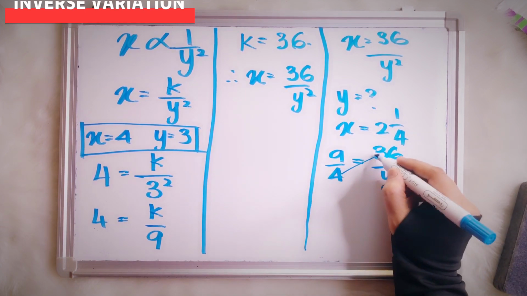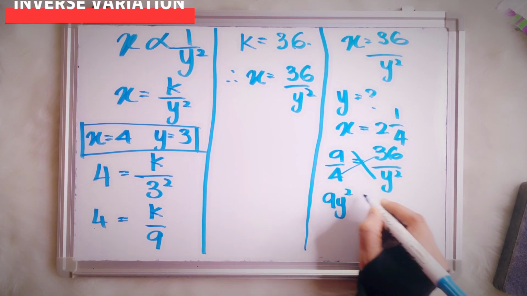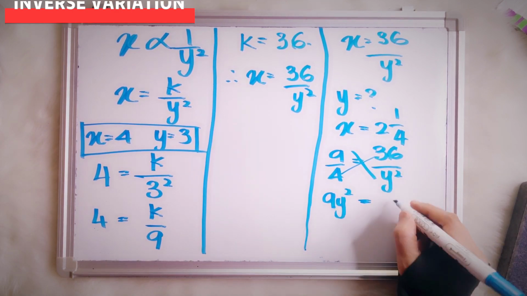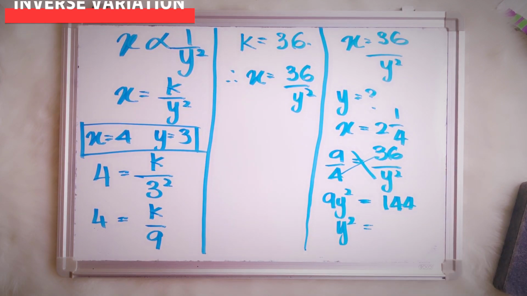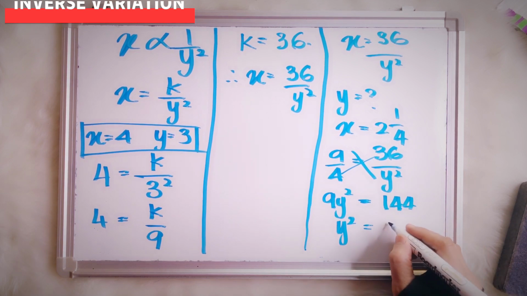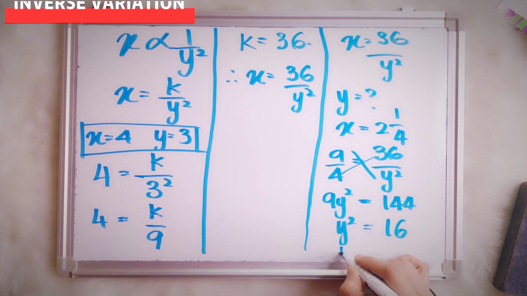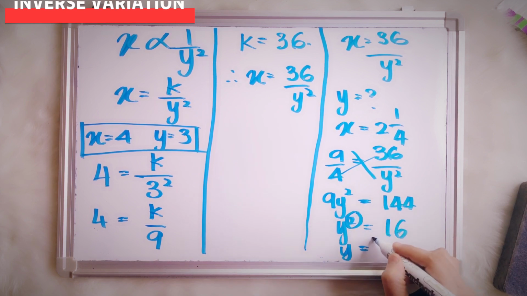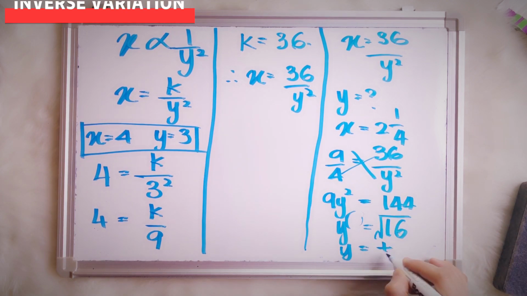So this part you have to multiply like this. So 9 times Y squared, you have 9Y squared equals 36 multiplied by 4, you will have 144. So Y squared, 144 divided by 9, you will have 16. So Y equals, if here is a square and you want to change to this side, you will have the square root. So the square root of 16 is plus or minus 4.